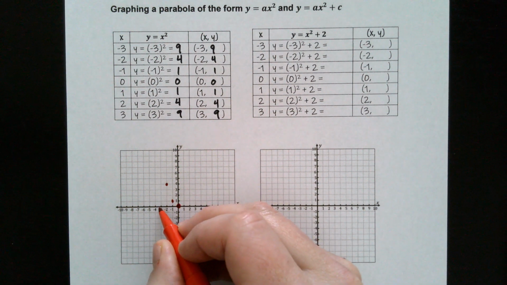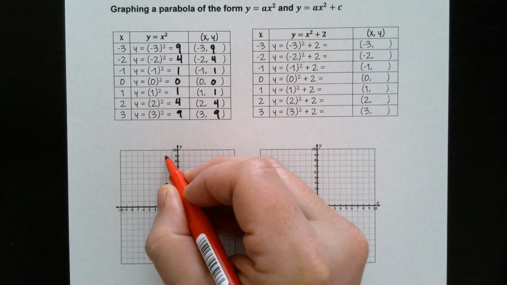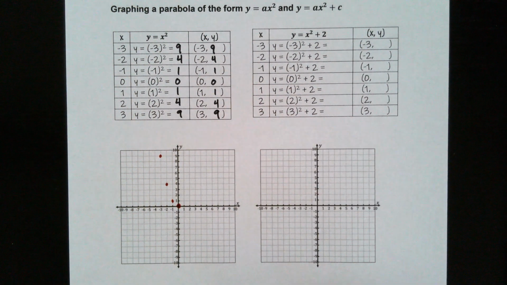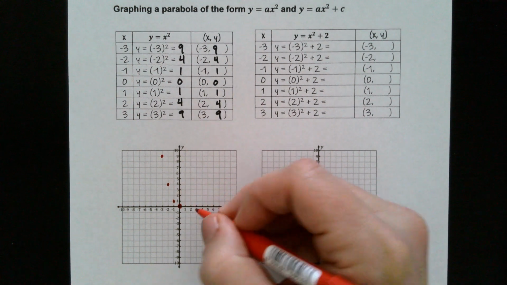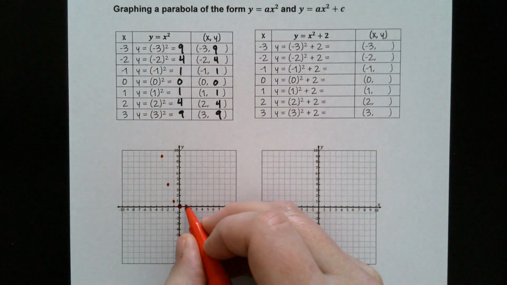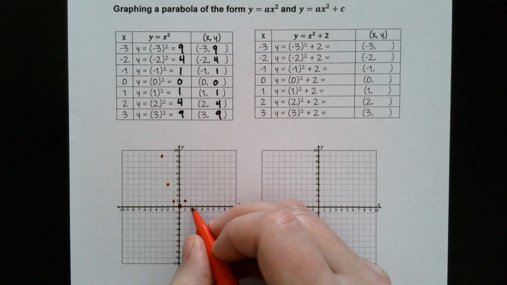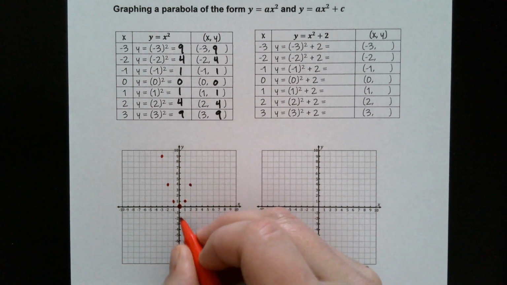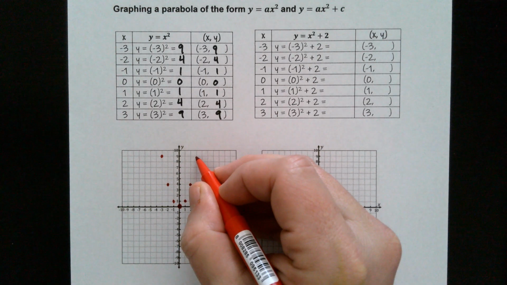And -3, 9 is here. The other side is going to be a mirror reflection of these 3 points. So over here you get 1, 1, you get 2, 4, and you get 3, 9.